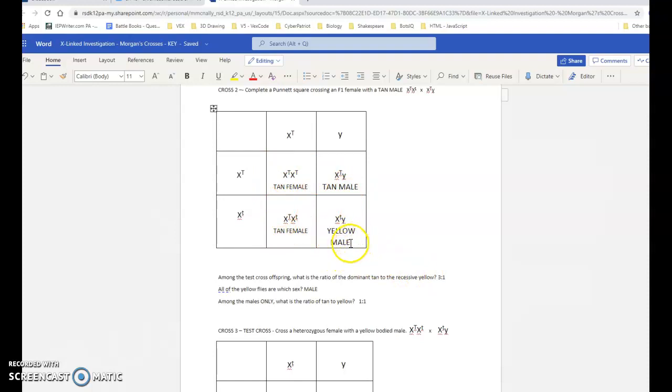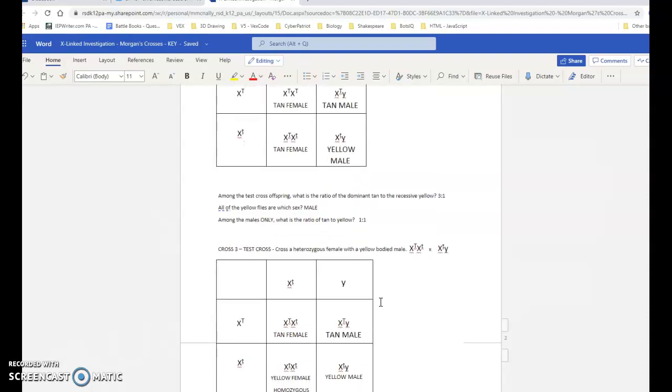But the reason it's a 3 to 1 ratio is that out of the males, it's 1 to 1. There's just as many yellow males as tan. In Morgan's original cross with the eyes, there would have been just as many white-eyed recessive males as red-eyed dominant.